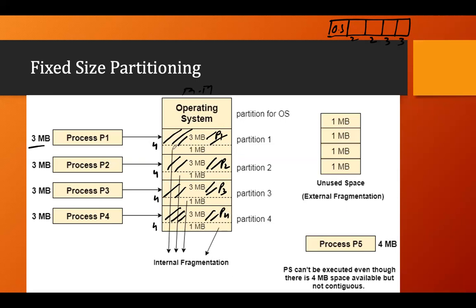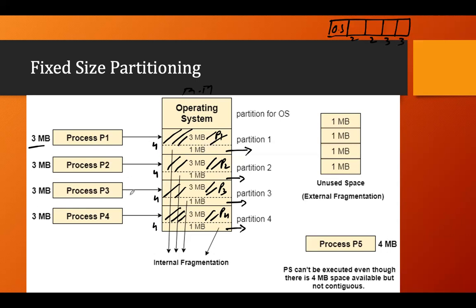But what about the remaining 1 MB, since each partition is 4 MB? It is of no use, right? Once you accommodate a process into the partition, you cannot accommodate another process there. That is not at all possible.